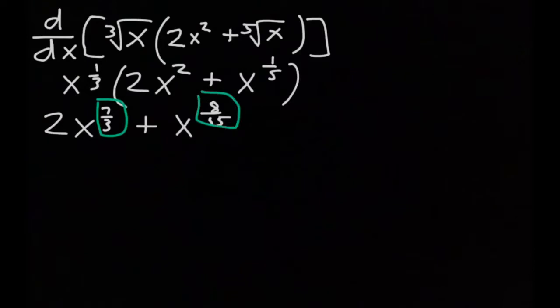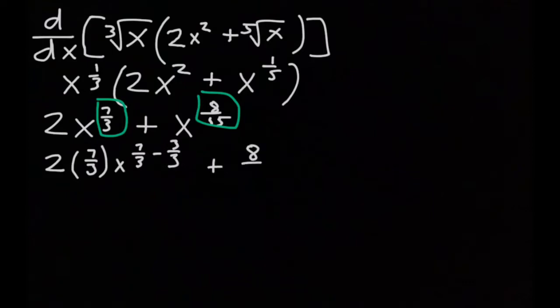So let's work with those. So we'll have 2 times 7 over 3 times x to the power of 7 over 3 minus 1, which is basically 3 over 3. And for the second term, we'll have 8 over 15 times x to the power of 8 over 15 minus 1, which is the same as 15 over 15.